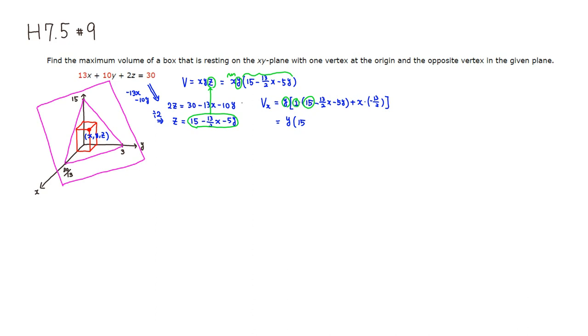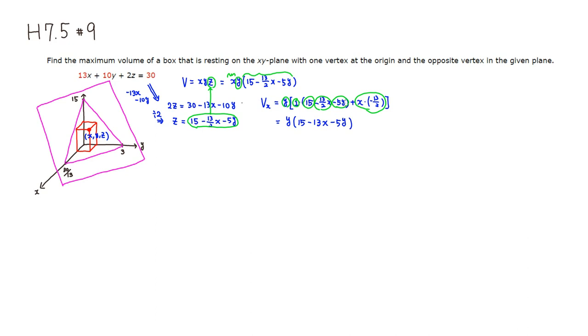Then we can combine the x terms: negative 13 over 2 x and another negative 13 over 2 x gives negative 13x. And the last term is minus 5y.